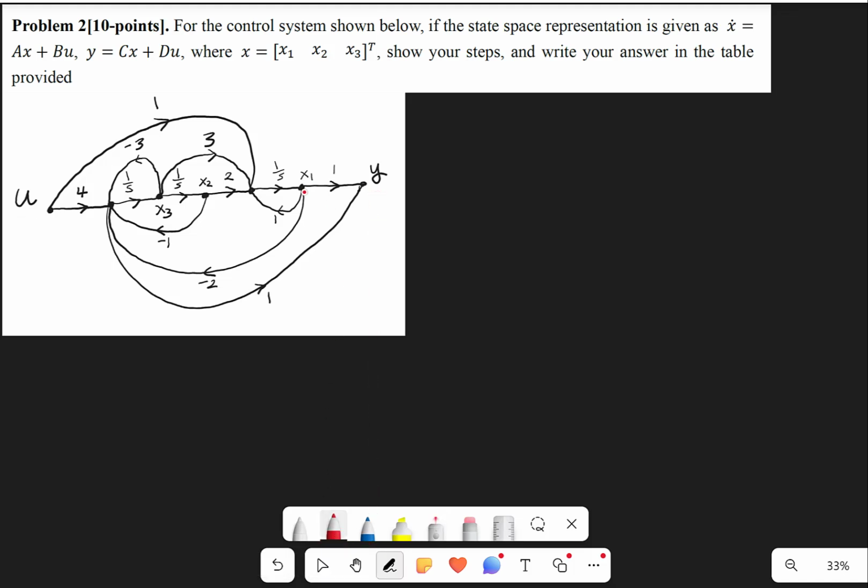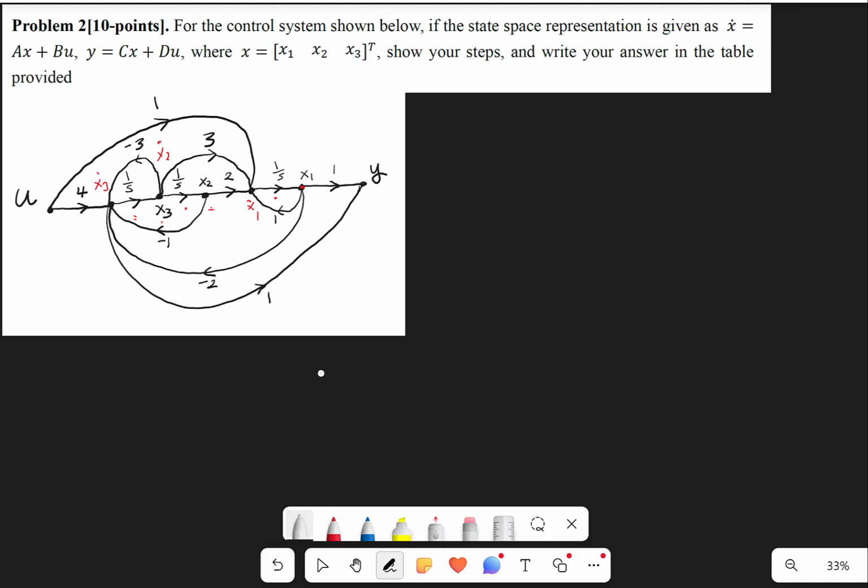First, if this is x1 and here we have an integrator, this will be x1 dot. Again, this is x2, and here you have an integrator, so this will be x2 dot, and here x2 dot is equal to x3. And here also we have an integrator, this is x3, so this will be x3 dot.